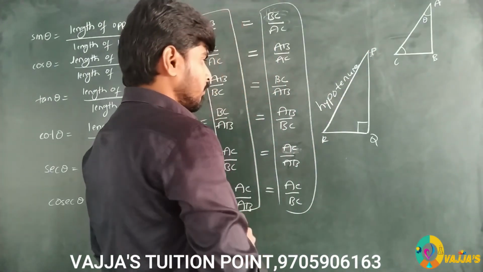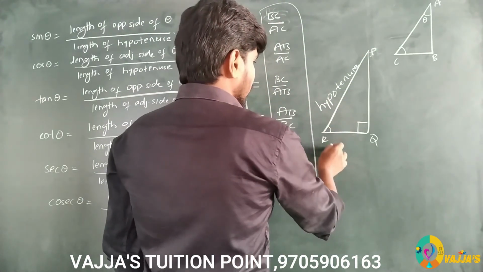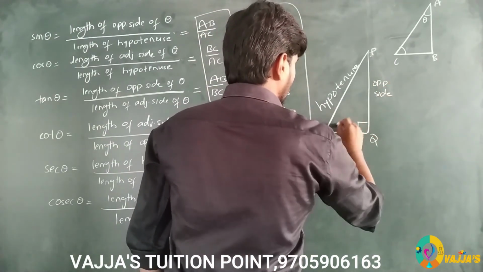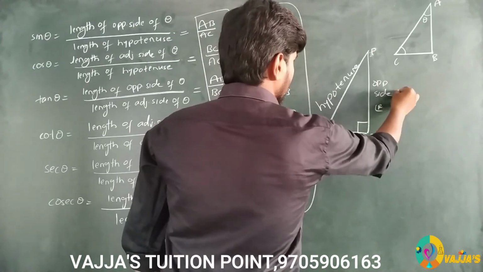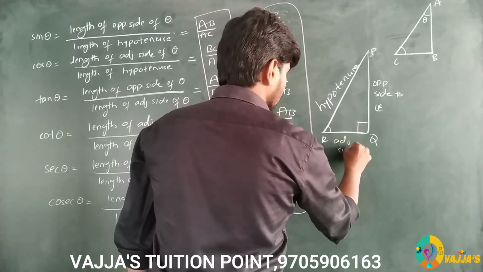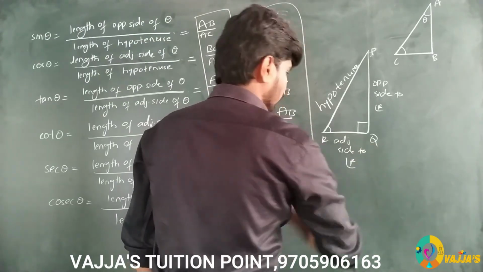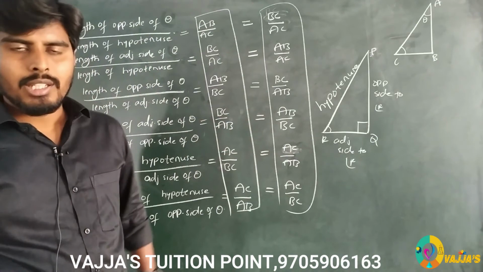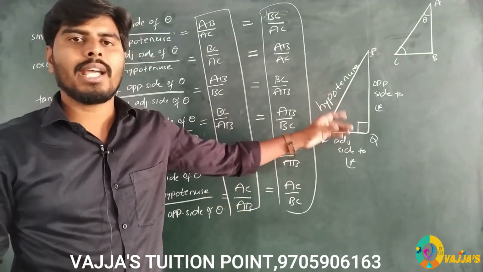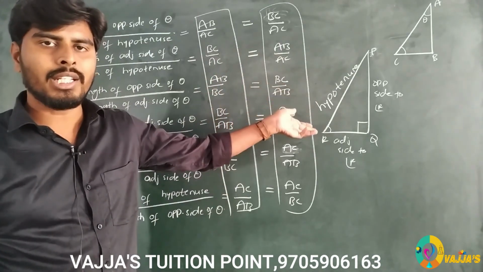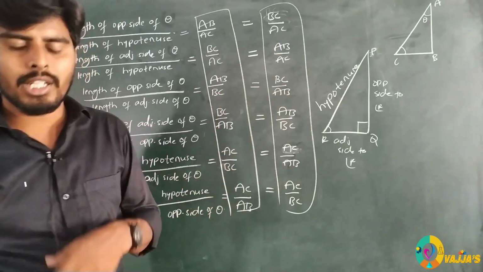For example, if my angle is here, this is the opposite side to angle R, and this is the adjacent side to angle R. So only a right angle triangle has three different side names. That is why we are taking a right angle triangle to define the trigonometric ratios.